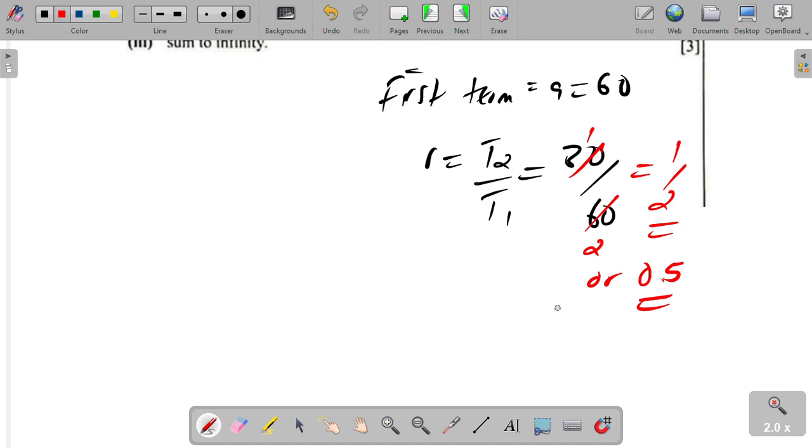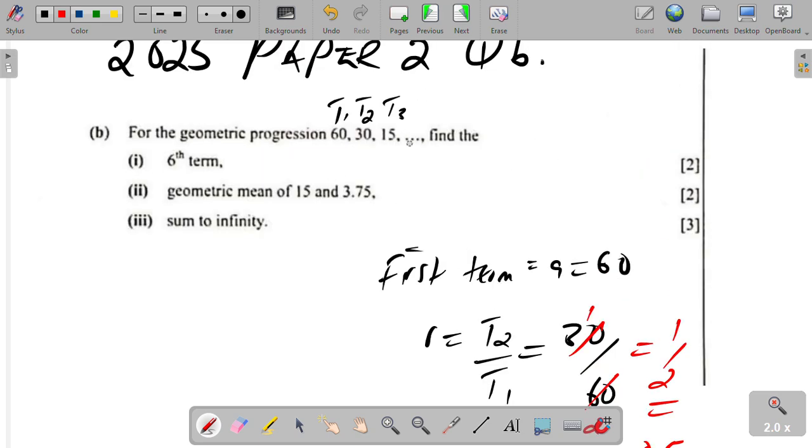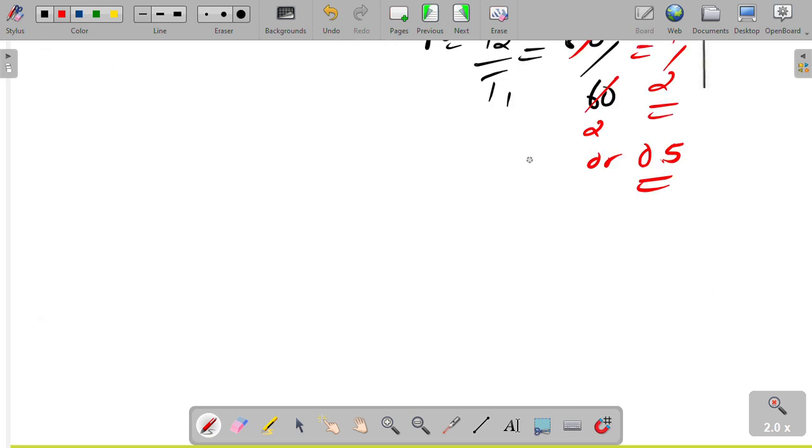Okay, so if you also want to check if the common ratio is correct, we can say T3 divided by T2. So let's try this. Okay, let me just rub there.